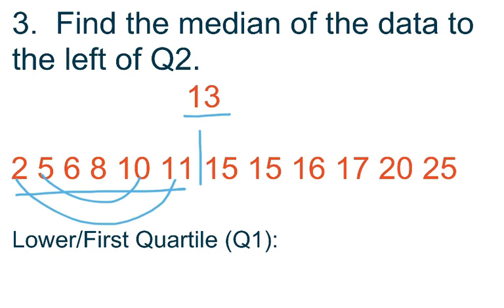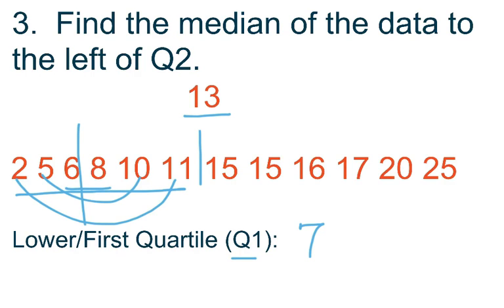Now look again, I have two numbers in the middle, so I'm going to add those two together. 6 plus 8 is 14, and 14 divided by 2 is 7. So Q1 is 7. I could have also remembered that between those two numbers is 7, and I wouldn't have had to add them. Either way, Q1 is 7.